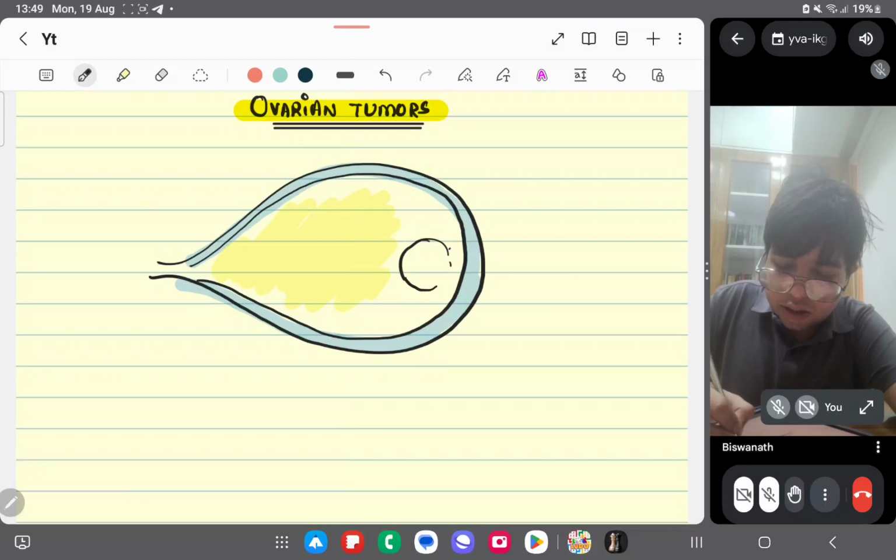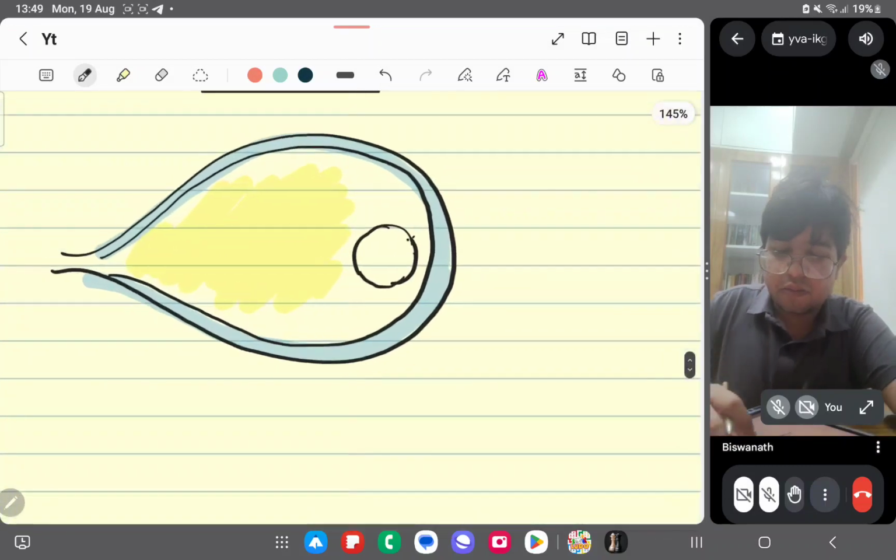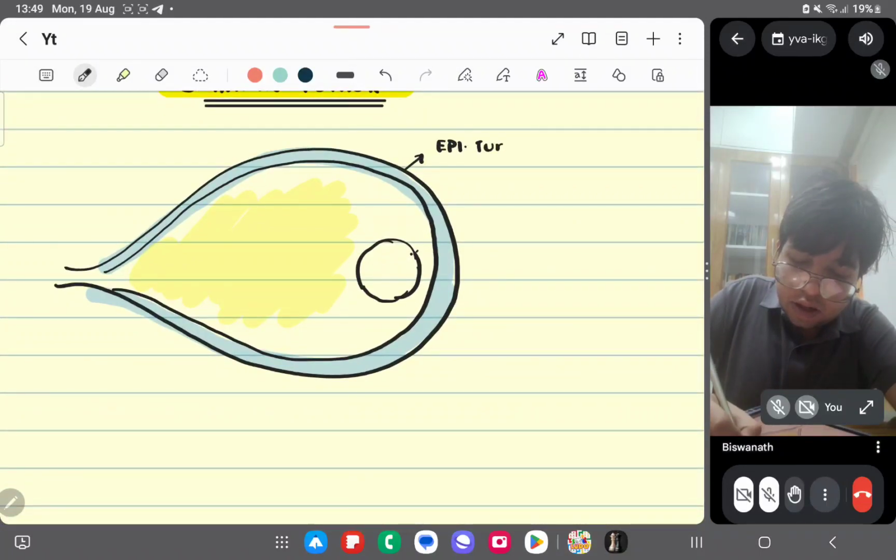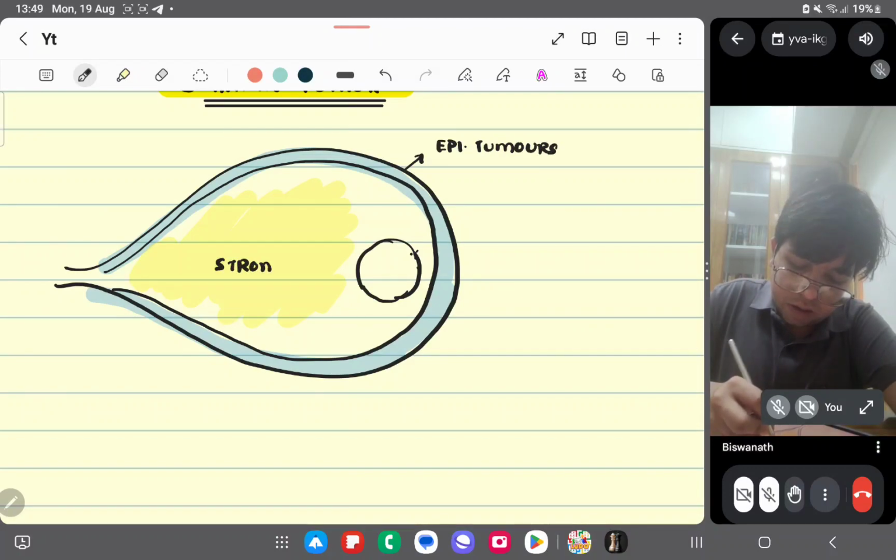So we have our surface epithelial tumors, some stromal tumors, and germ cell tumors.